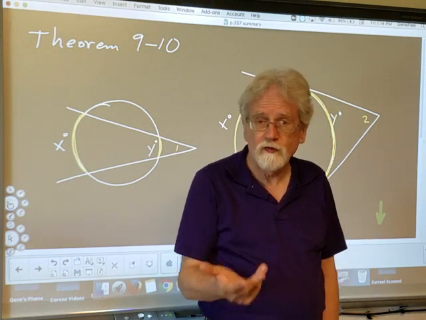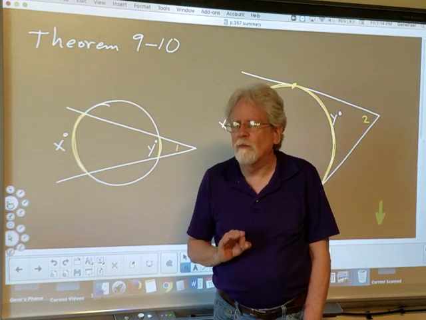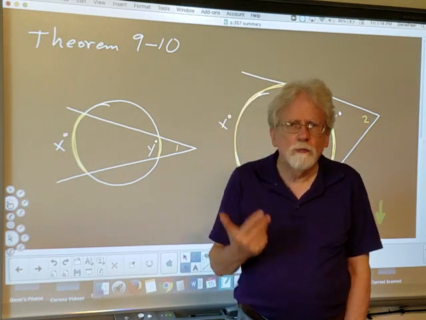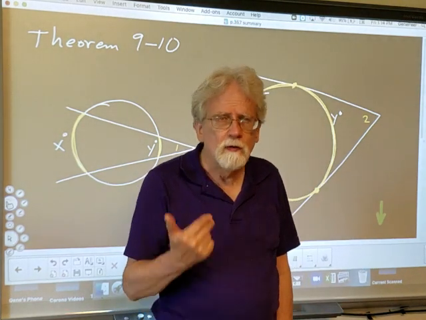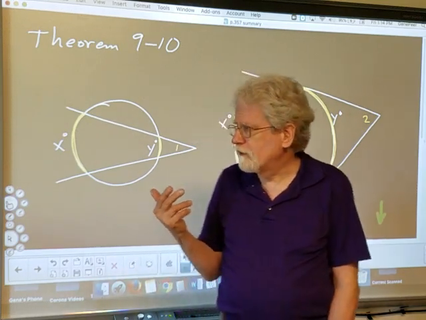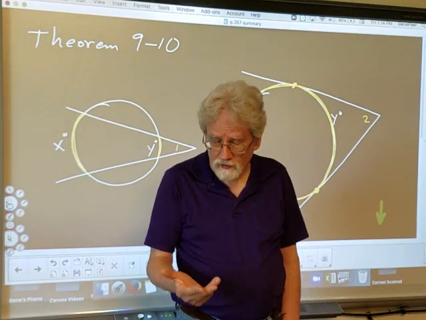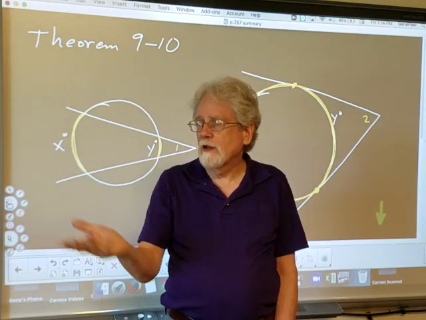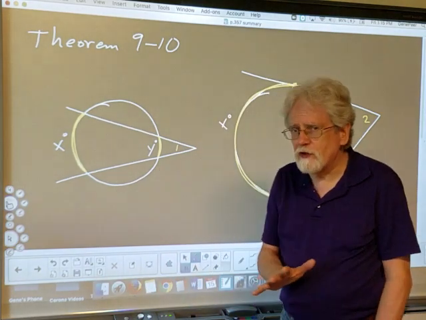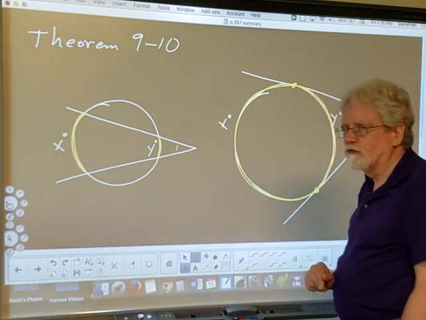Every year I put a matching section on this test to check your knowledge of the terms, such as chord, radius, diameter, minor arc, major arc, semicircle, secant, tangent. Am I leaving anything out? I don't know. But all those terms will be tested. Make sure you know them.